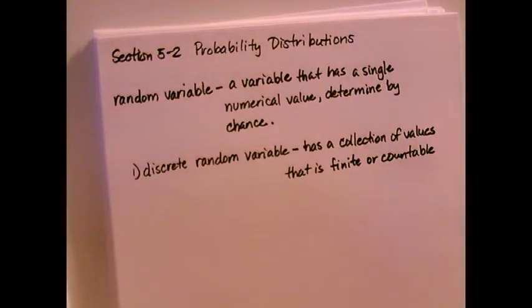A discrete random variable is either finite or countable. In this case, if you have x equal to 1, 2, 3, 4, 5, and so on, those are discrete random variables because those values are finite and they are countable.